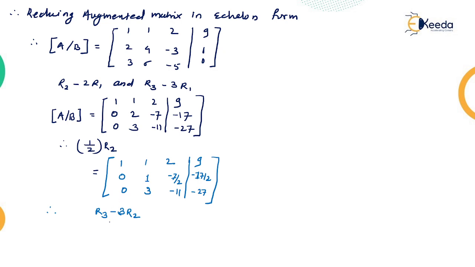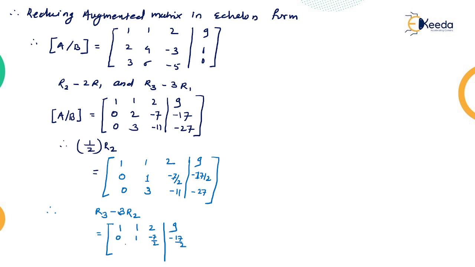The first row is 1 1 2, nothing changed. The second row is 0 1 minus 7 divided by 2 and minus 17 divided by 2.